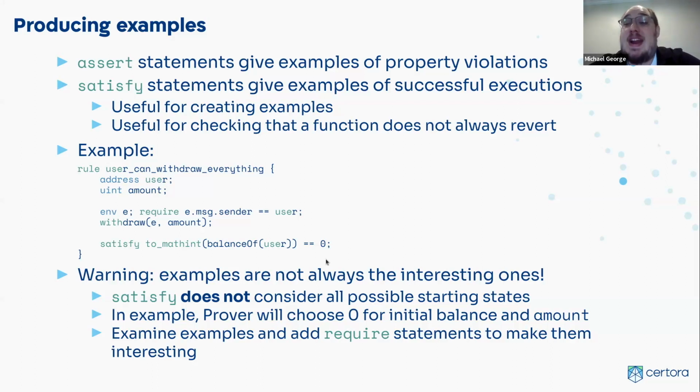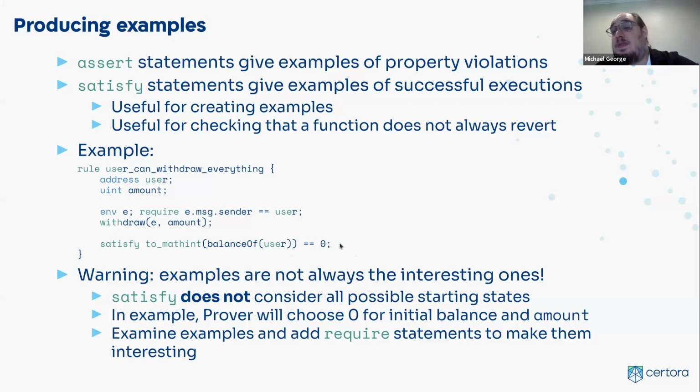which is what I would be looking for. Now, you have to use care when you're using the satisfy statement, because the prover is going to be a little bit devious. It's not going to prove that it's possible in any starting state to drain your account. It's just going to prove that there is some starting state where you can call withdraw with some amount in some environment and end up with the user having a balance of 0.